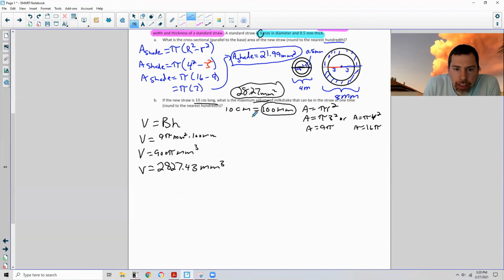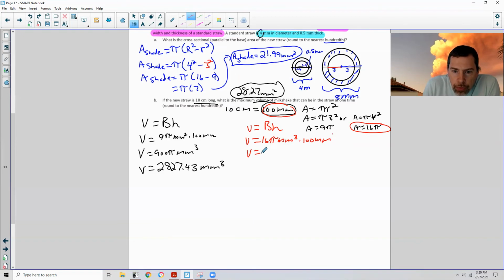If you were thinking of it as being the outside, then we're going to do this again. Volume equals this base area times this height. So it would be 16 pi millimeters cubed times 100 millimeters.